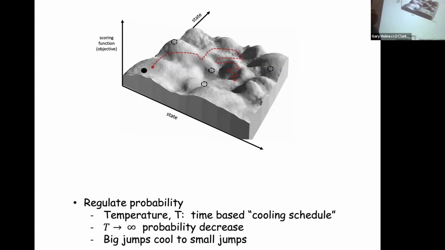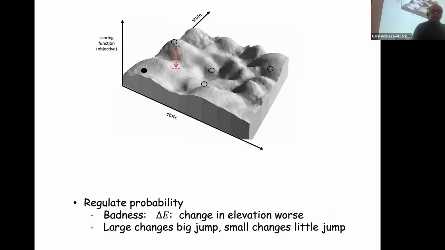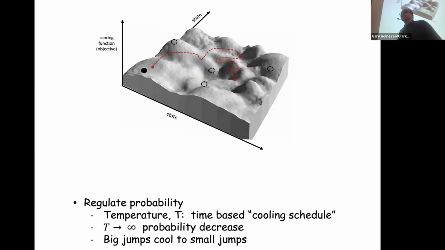This idea of jumping around is controlled by two things, a notion of a badness measure and the notion of the temperature. If you find that your jump is not producing dramatic improvements in your pursuit of something bigger or smaller, then maybe you want to increase the size of your jump to go to a different region of your objective landscape.